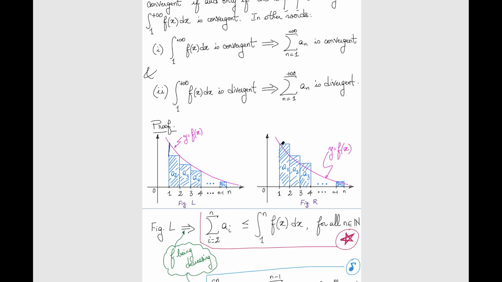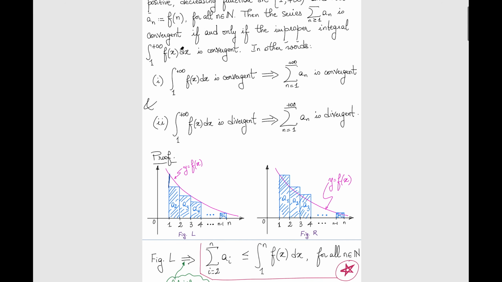The first one, one of the dimensions is 1, the length of the interval, and then the other dimension is going to be f of the left endpoint, which is 1 in this case, and f of 1 is a1, right? So the area here is a1.